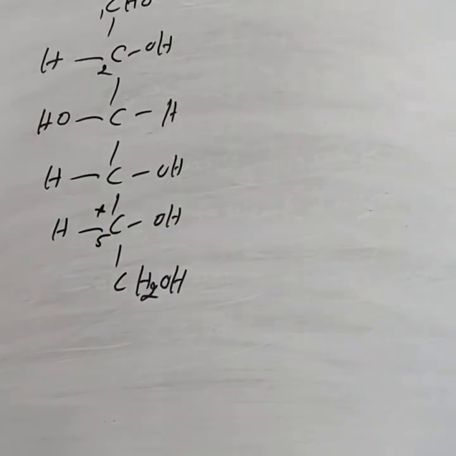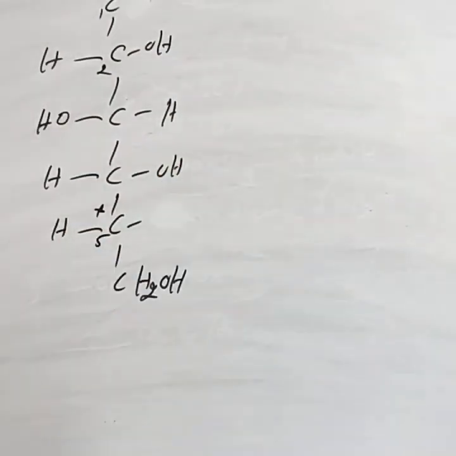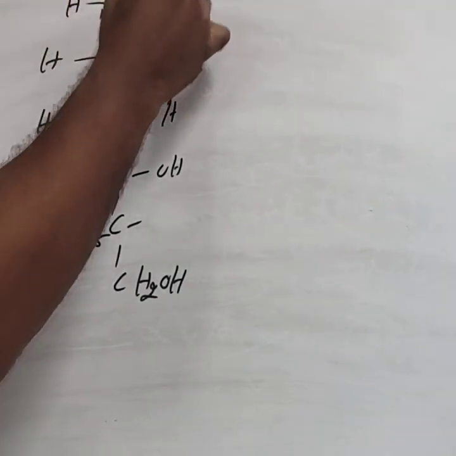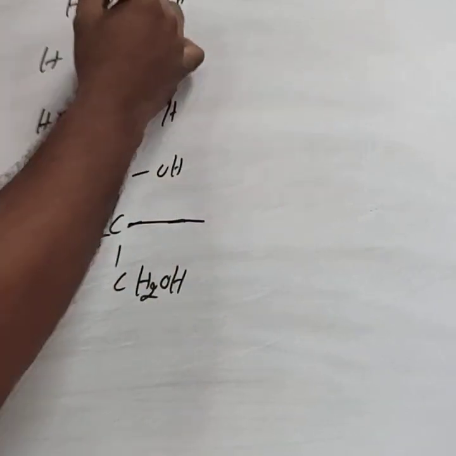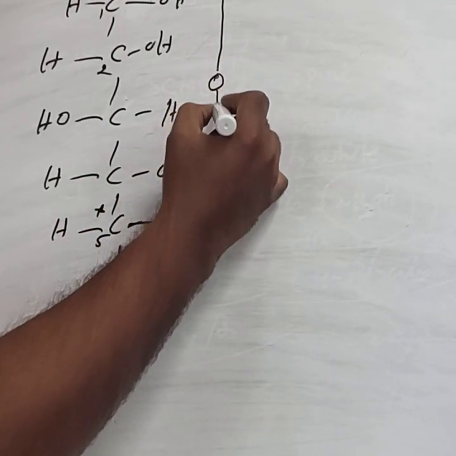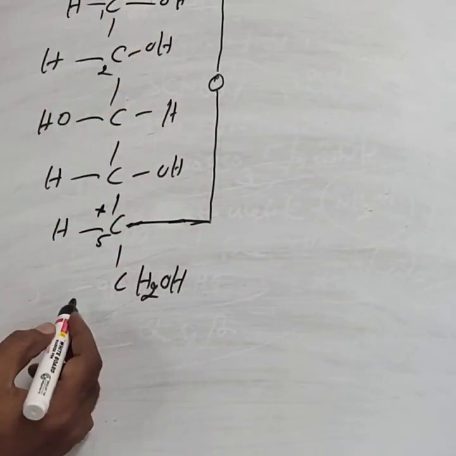This is the structure, CHOH, and here only oxygen is left. This oxygen atom joins these two carbon atoms, the first carbon atom and the fifth carbon atom. This is the cyclic structure.